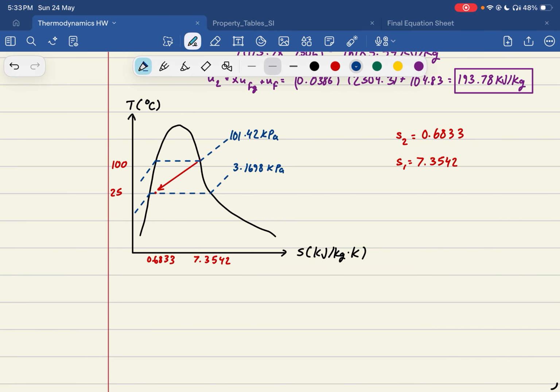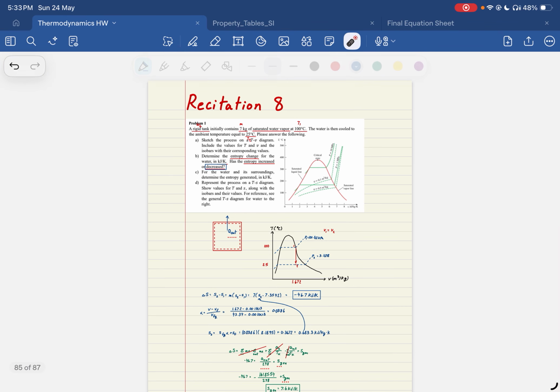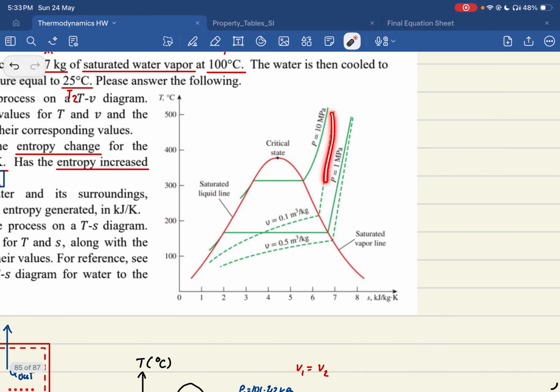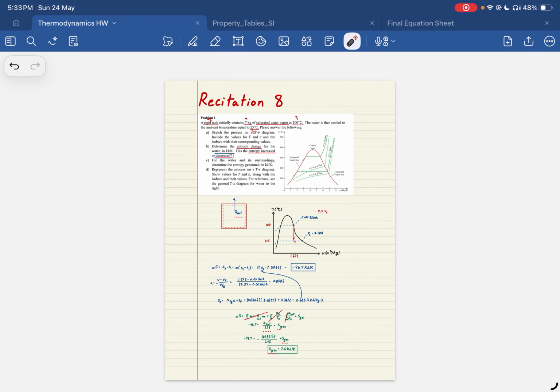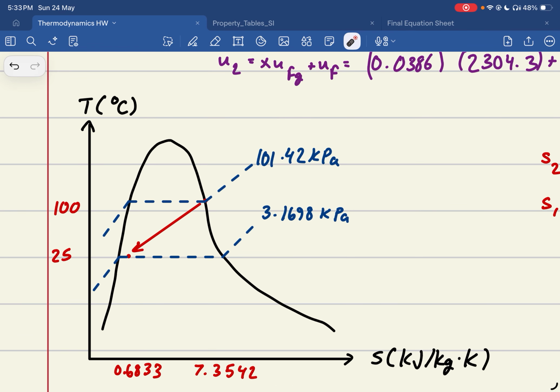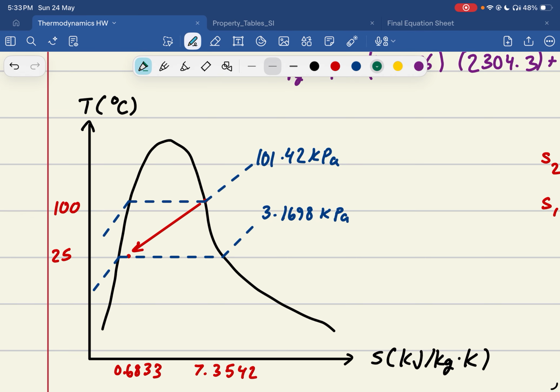Okay. So there's also something over here. They have some other lines for the specific volume. These are isochoric lines. I wouldn't always draw them. Only draw them when your system, or your change, is isochoric. So when you do, you just add another line.